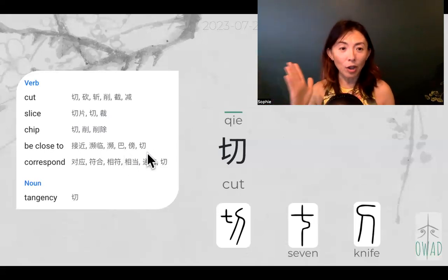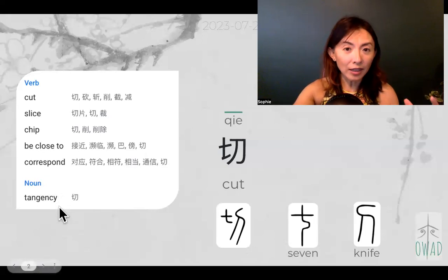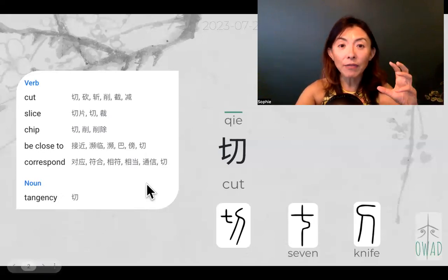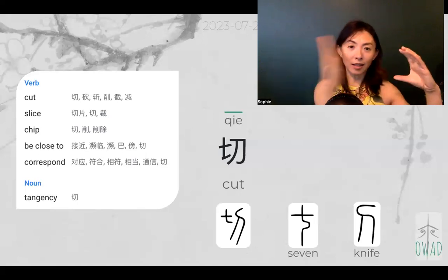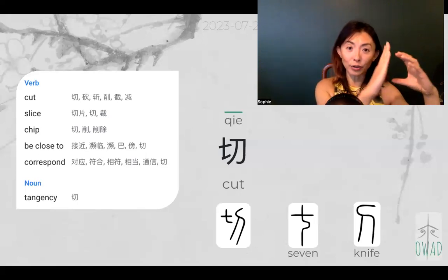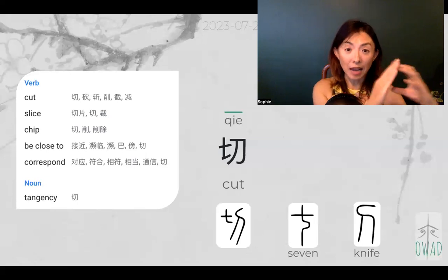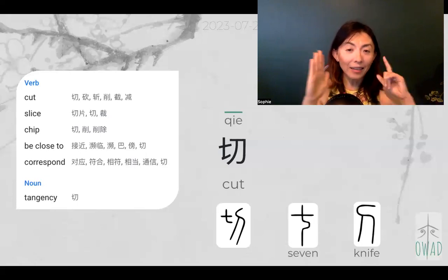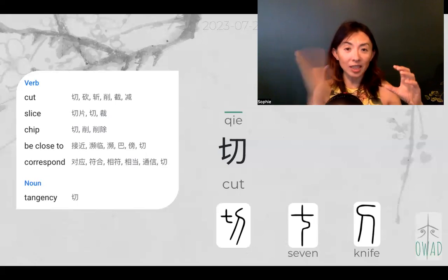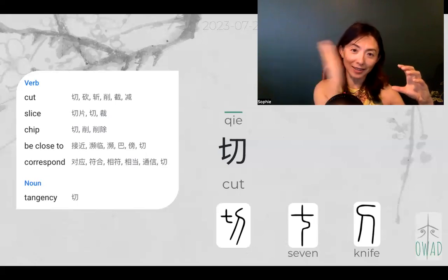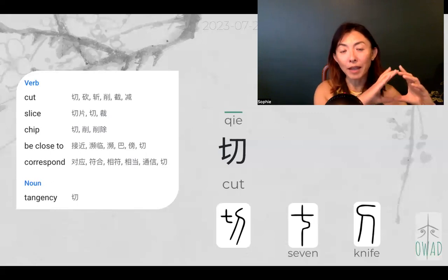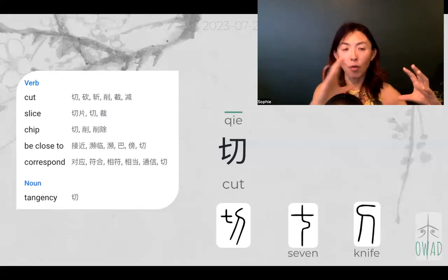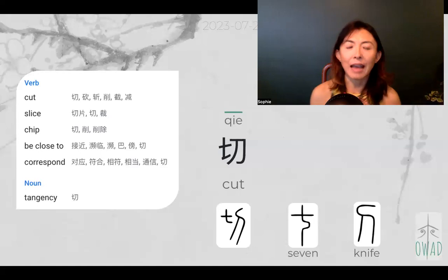Tangency is a math concept of a line touching a circle, right? That's tangent, and in Chinese we use the concept of 切. This line, this knife, is cutting right next to the ball, so that becomes close to, or tangent, in that meaning.